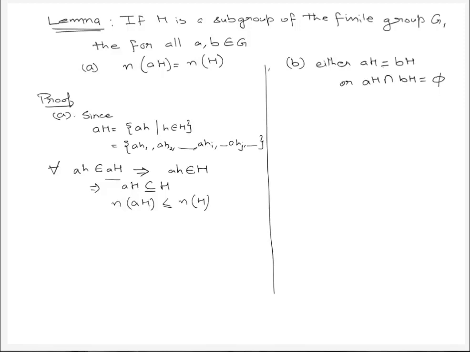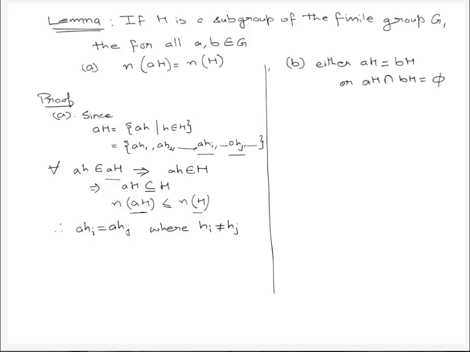Now if the number of elements of aH is less than H, that means we have two elements, say ahi and ahj, that are equal. ahi is equal to ahj, but H contains distinct elements, that means hi is not equal to hj.